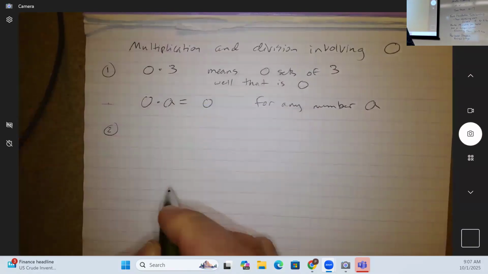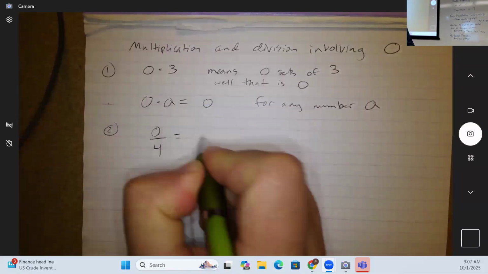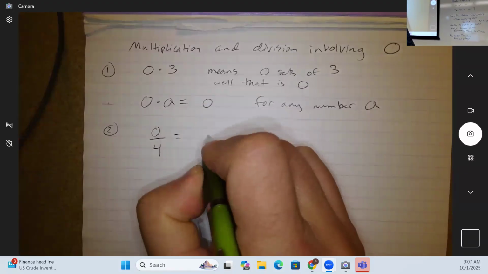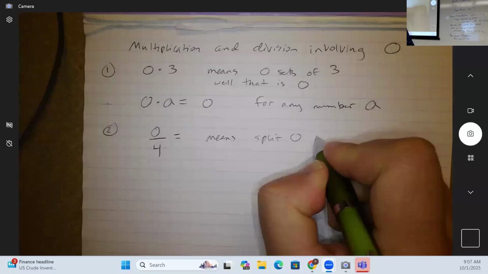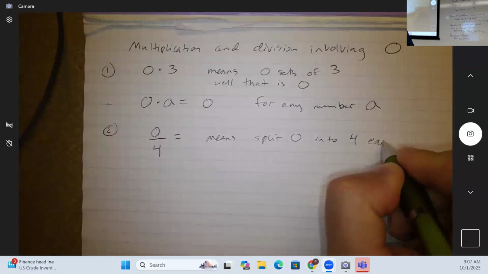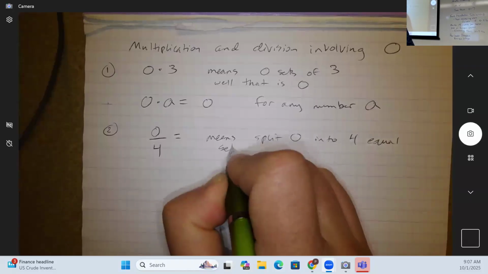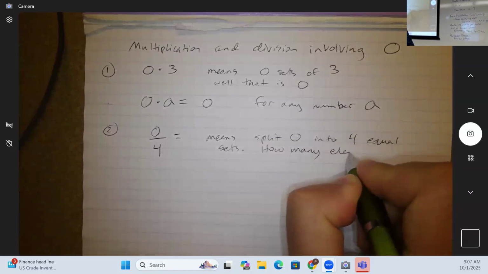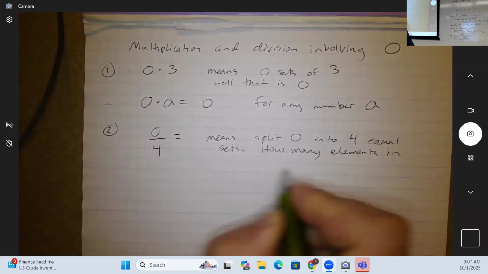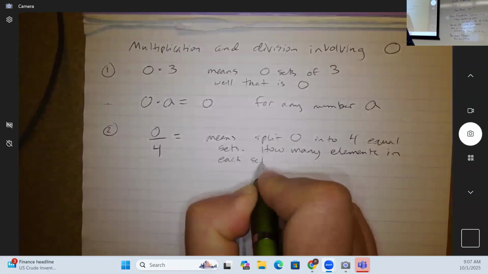Our second rule is 0 divided by 4. Well, this means split 0 into 4 equal sets. How many elements in each set?